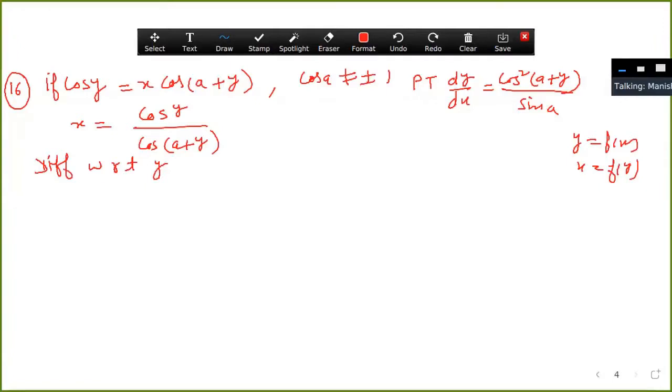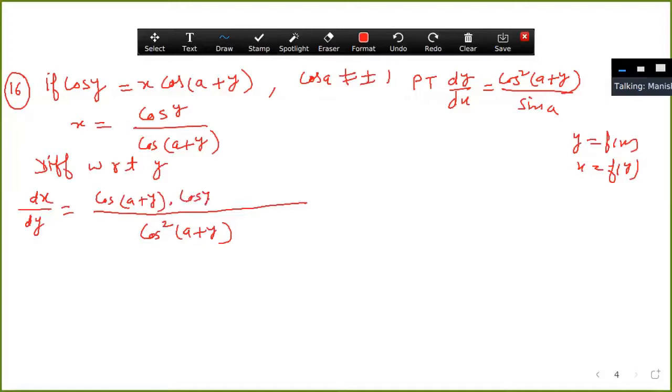What you will get? dx upon dy is equal to, applying the u upon v algebra, cos square(a plus y). Now cos(a plus y) as it is, the derivative of cos y. I have to write down like this. Okay. Minus sign. And now cos y as it is, the derivative of cos(a plus y).